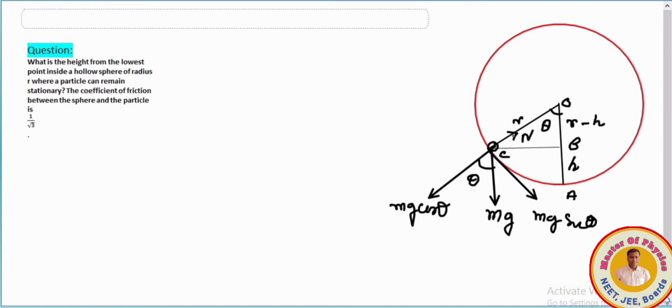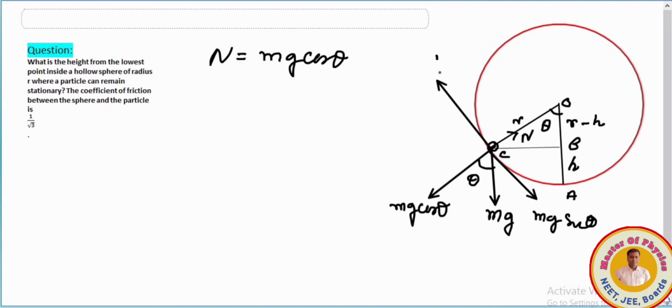Here the component mg cos theta is balanced by the normal reaction N. Therefore we can write N equals mg cos theta. The other component mg sin theta pulls the particle downward, but the friction between the surface of the hollow sphere and the particle balances it at the highest point.